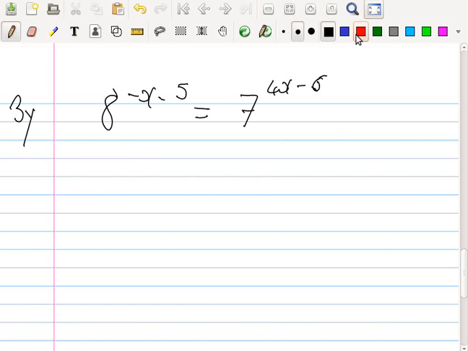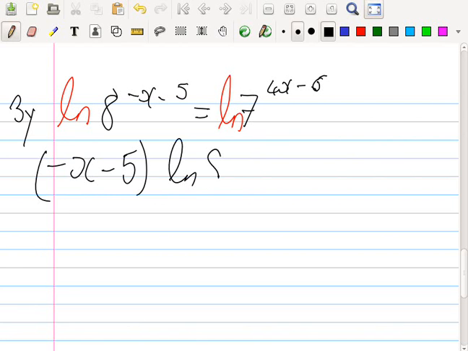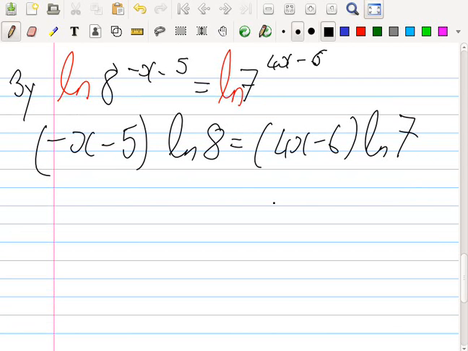Natural log both sides. I'll do that in red. Natural log here, natural log here. Fourth rule of logs, what happens? The power comes down. What's next?